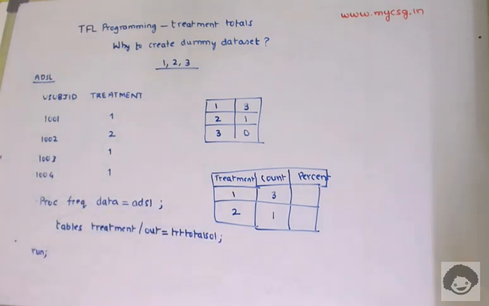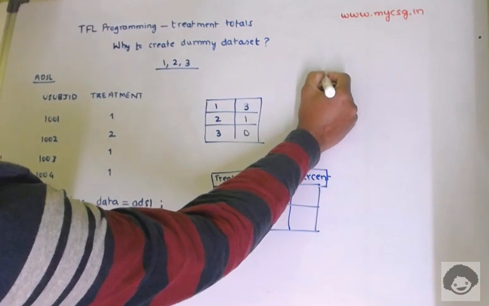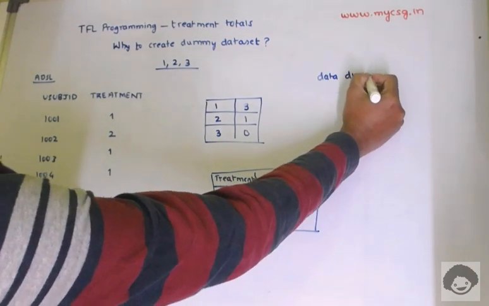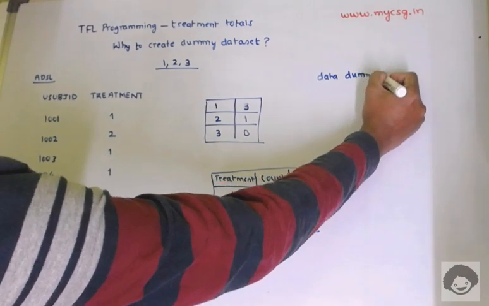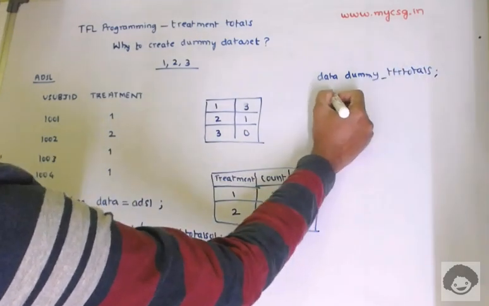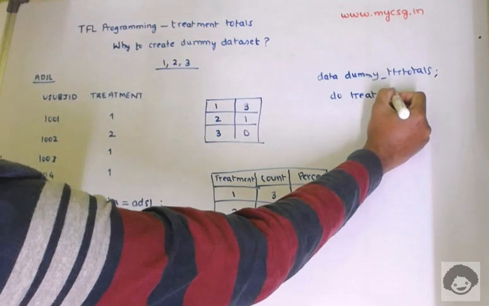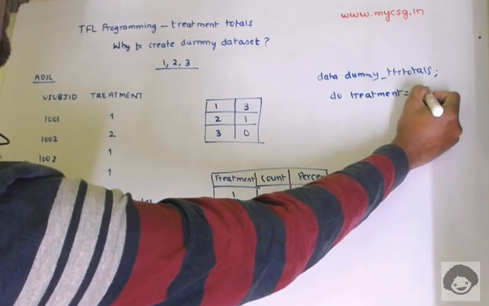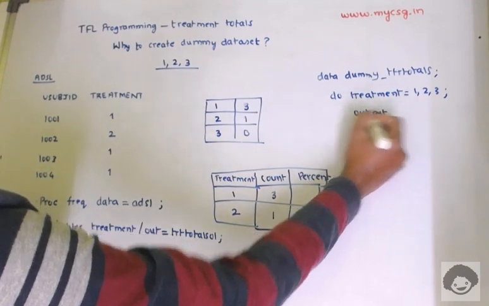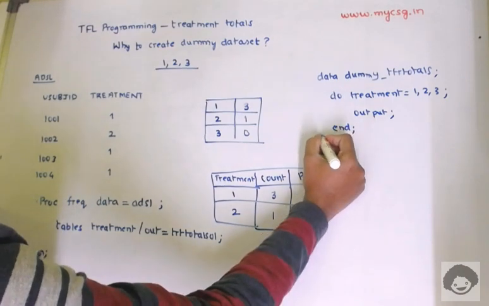For that purpose, we created a dummy data set called dummy_trt_totals, and we used a DO loop to create 3 instances, used an OUTPUT statement, then ended the DO loop and ran it.